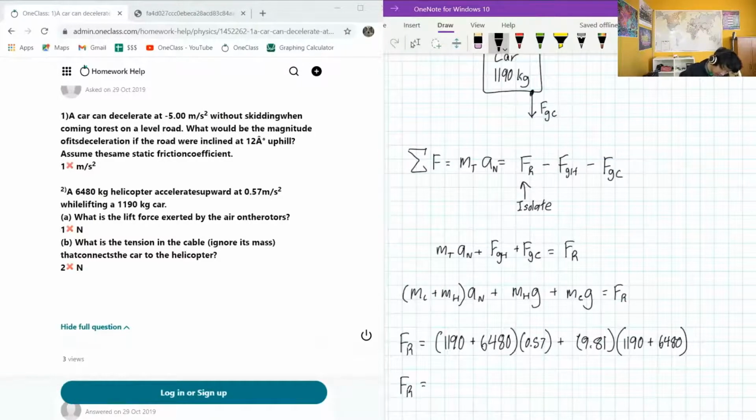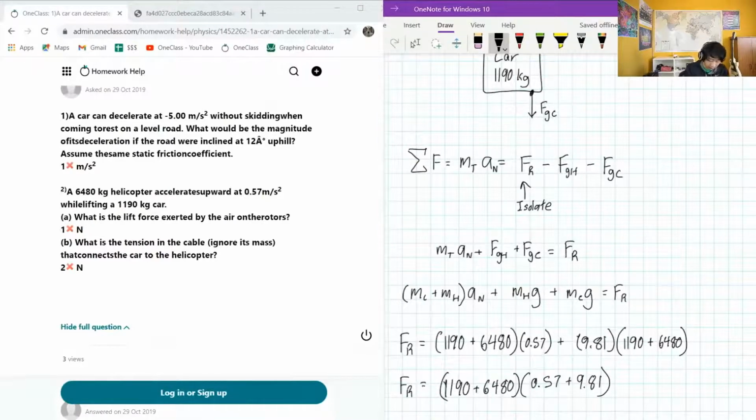It could be like this: 1190 plus 6480, and that is, we factor out this term and this term, and then it's just going to be 0.57 plus 9.81. Okay, fairly straightforward.